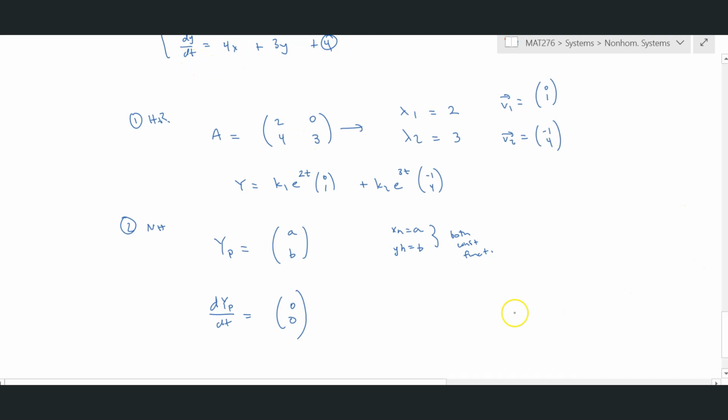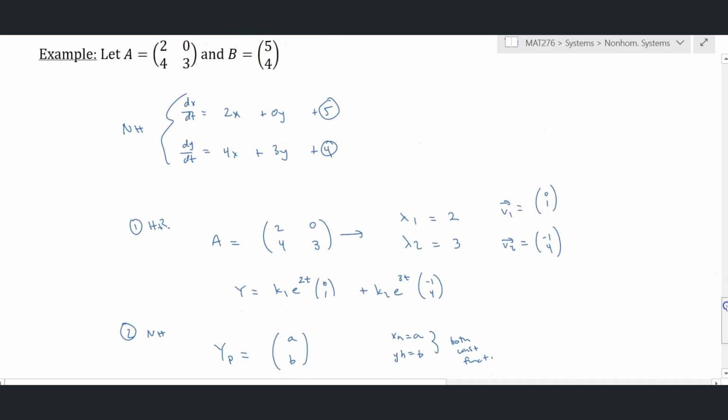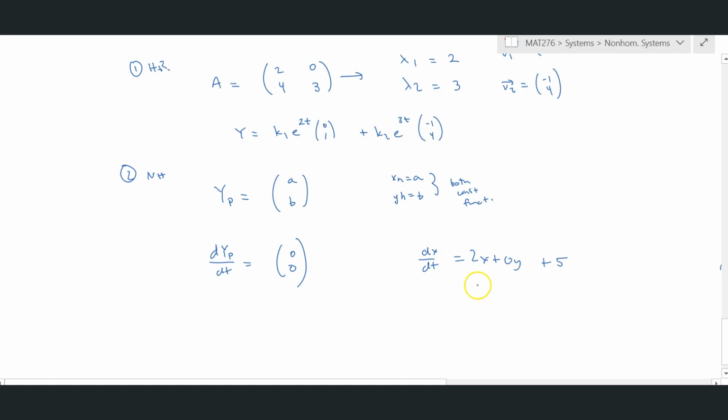So up here in our equation, I'll just write this out one more time. dx/dt equals 2x plus 0y plus 5. And for my second, I have 4x plus 3y plus 4. That's dy/dt.